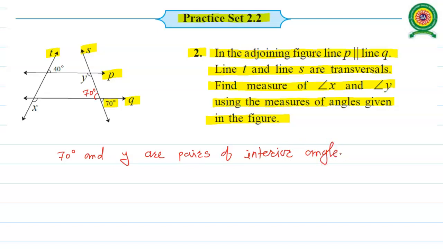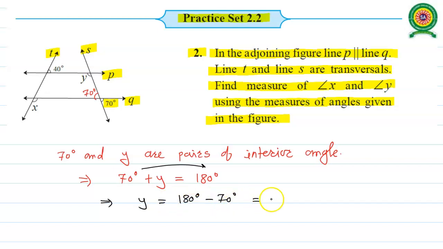Once the lines are parallel, the interior angles are supplementary, means we have 70 degrees plus y equals 180 degrees. For finding y, if we shift that 70 degrees from LHS to RHS, we get y equals 180 degrees minus 70 degrees. 180 minus 70 is 110 degrees. So the value of angle y equals 110 degrees.